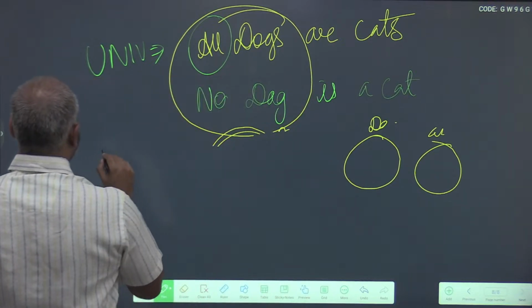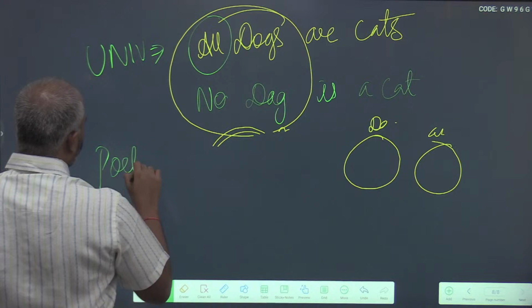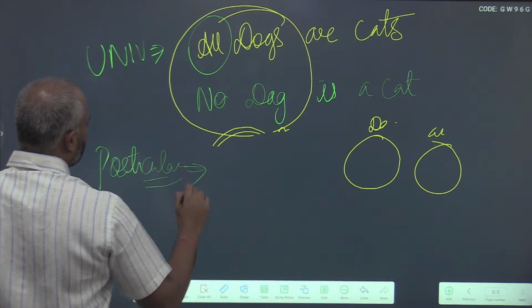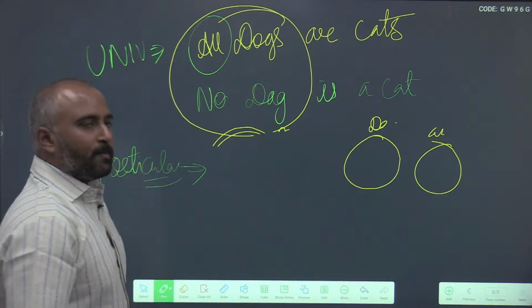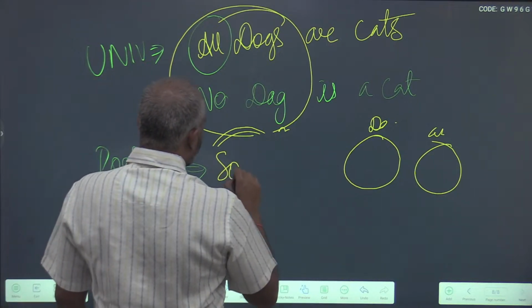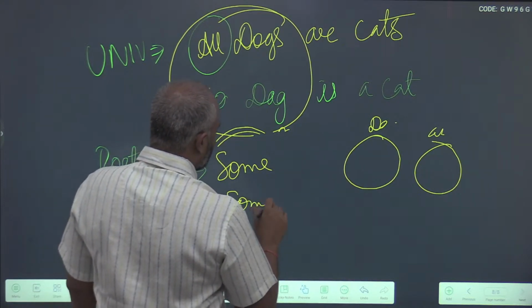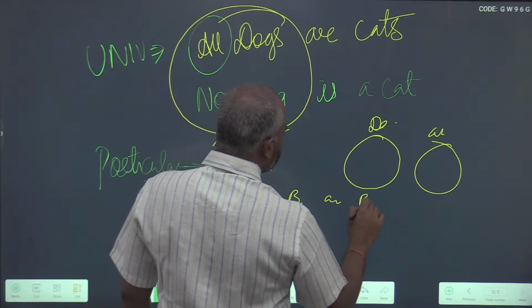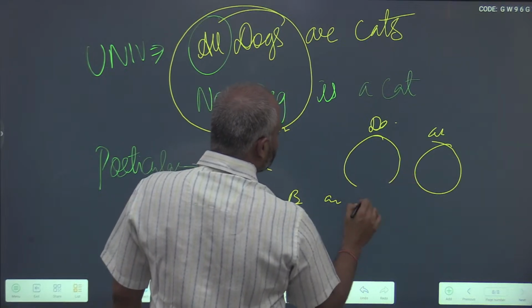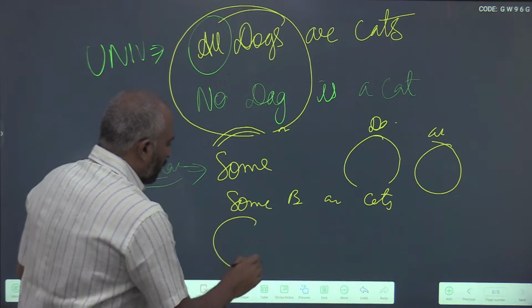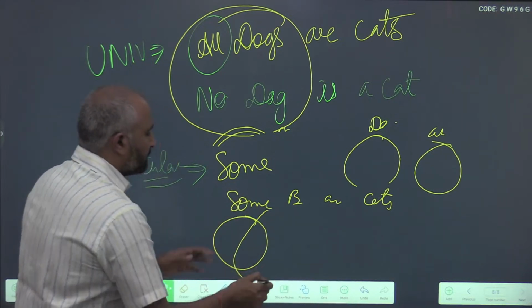Next, what are the examples of particular? The examples of particular are some. When I say some balls are bats or some balls are cats, am I referring to the whole group of bats or some of the bats?